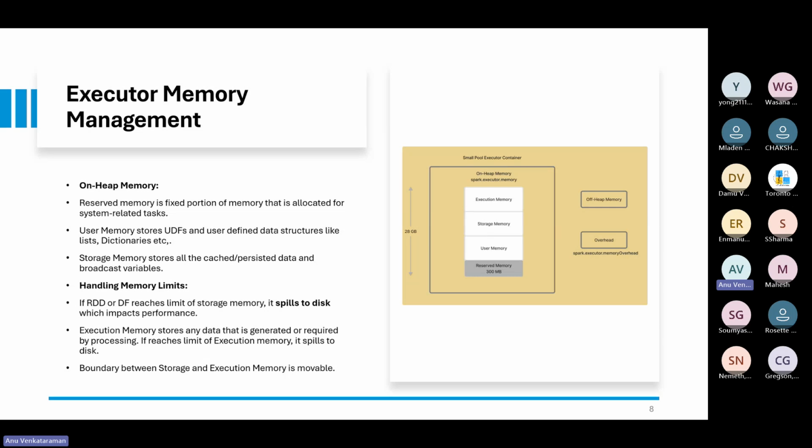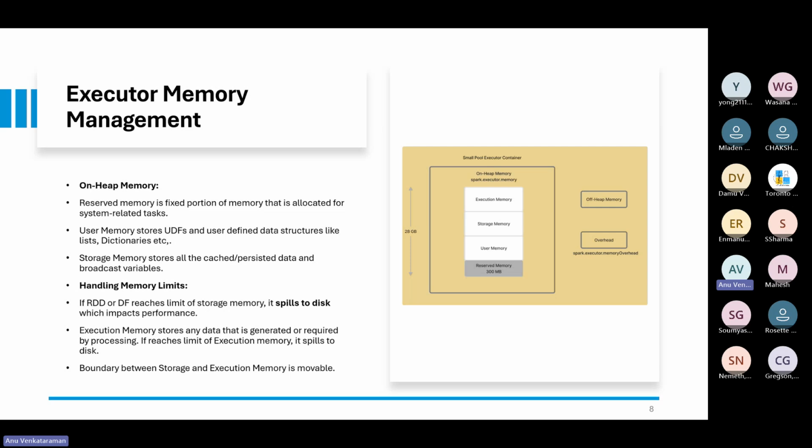The user memory is around 25 percent of the total executor memory, and you cannot exceed this. If you store more than it can handle, you will end up with an out of memory exception. So this is user memory.